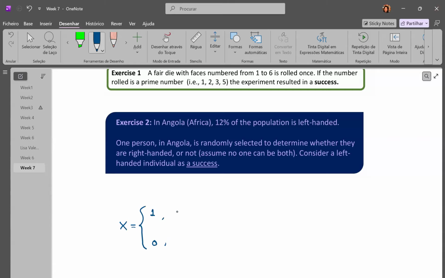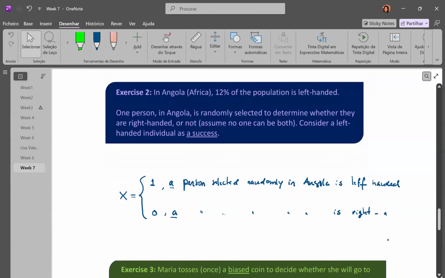It returns the value 1 when one person selected randomly in Angola is left-handed. 0 when the same person randomly in Angola is right-handed. Do you agree?